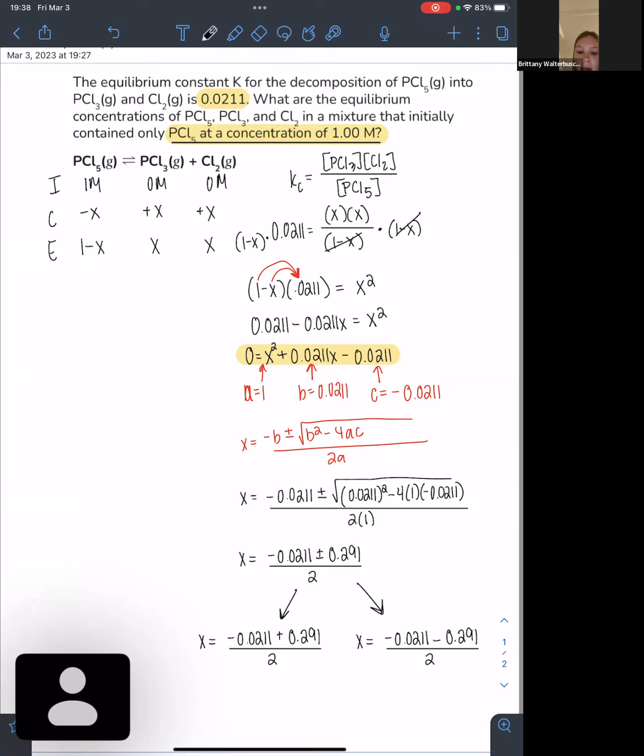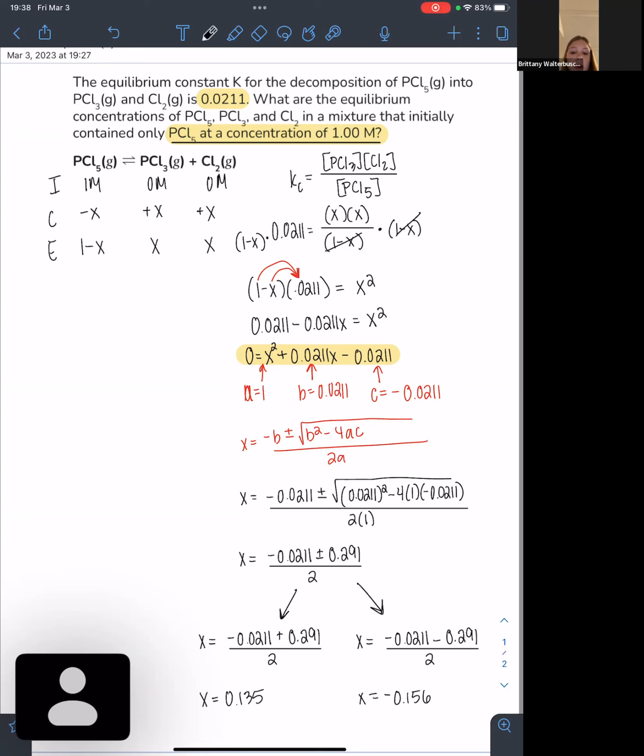Okay, so if you work out those values, you should be getting for the plus 0.135. And then over here on the right, we're going to have negative 0.156 roughly. Since those are our X values, we automatically know those are going to be our concentrations for PCl3 and Cl2.